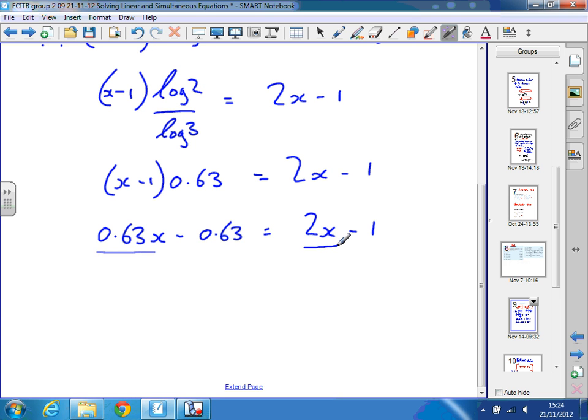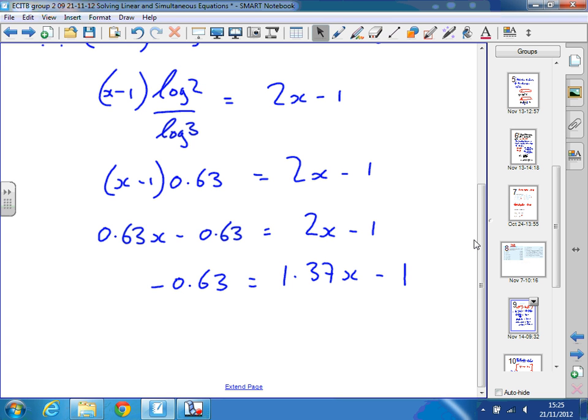If I subtract 0.63 lots of x from this side, I'll get rid of those x's. But if I do that, I must subtract 0.63 lots of x from this side as well. See that? To keep it balanced. So 2x minus 0.63 lots of x gives me 1.37 x. So I've got negative 0.63 equals 1.37x minus 1.